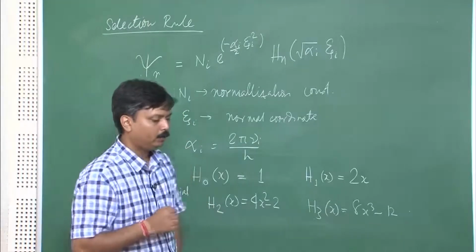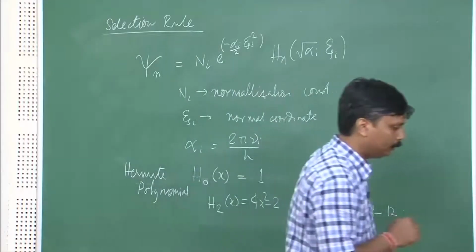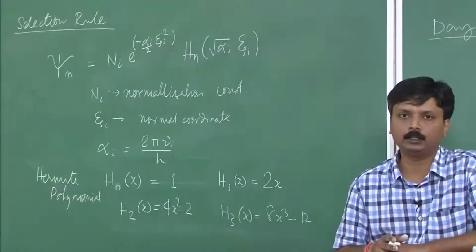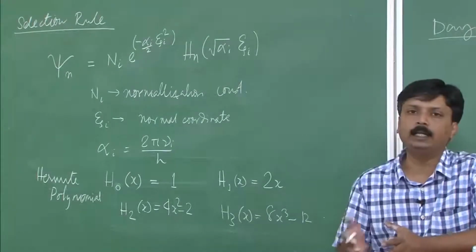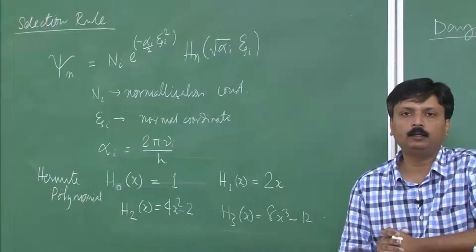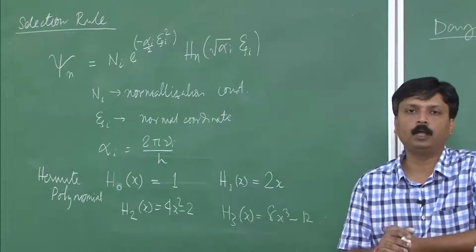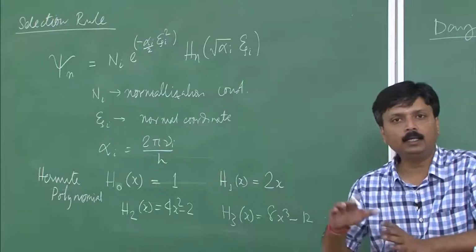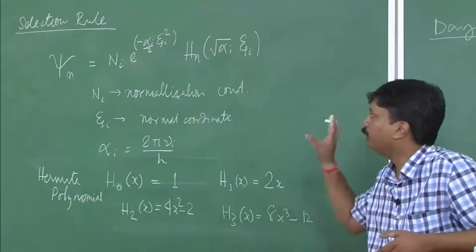Okay. So now when I operate any symmetry operation on these wave functions, what should I get? I should get either plus 1 or minus 1 multiplied by the same function back, right.